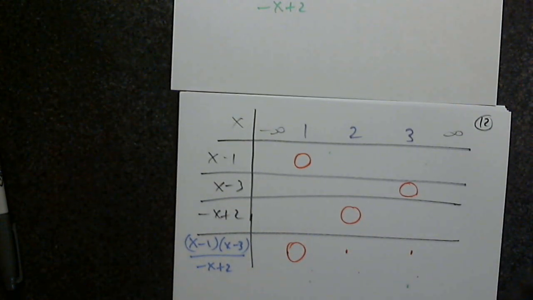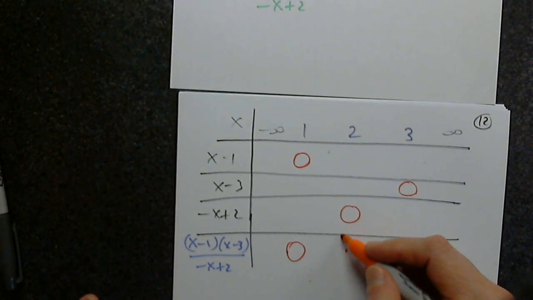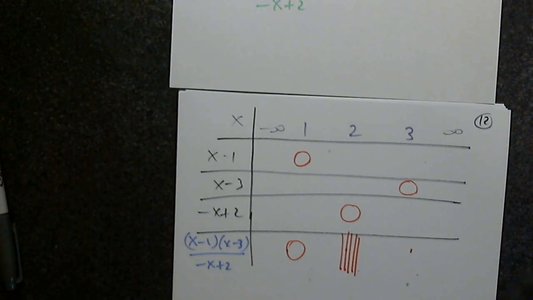Excellent, 0. What do I write under 2? Undefined. That's the only difference from polynomial to rational. Polynomials can never be undefined. Rationals can be undefined. What about under 3? What do I write under 3? Obviously 0 because it's at the top.